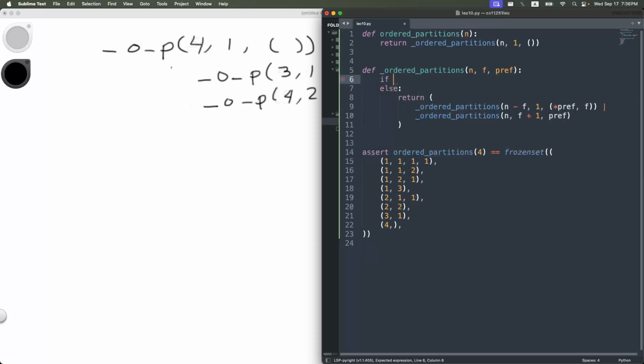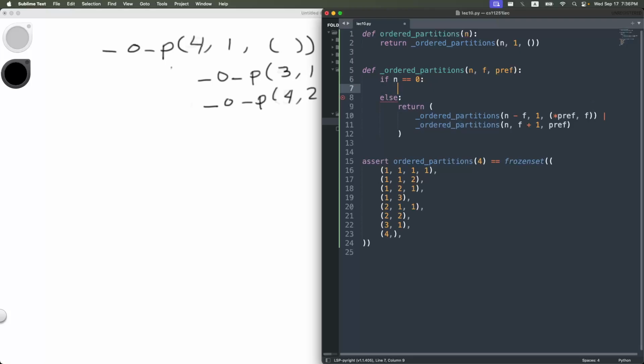Well, if n is 0 already, then we return, that means we no longer have to partition anything.